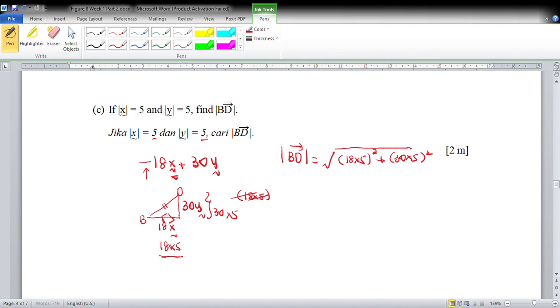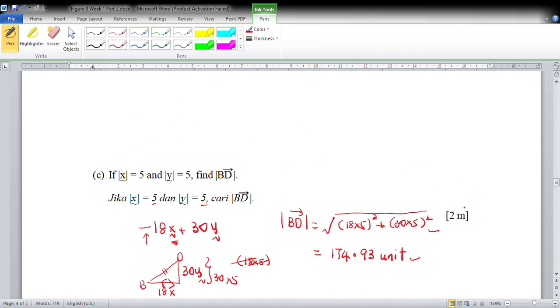Then use your calculator and you will get your answer, 174.93. This is just using your Pythagoras theorem. Usually you see the marks here. Once you write this, you get 1 mark, and for the final answer, you get 1 mark.